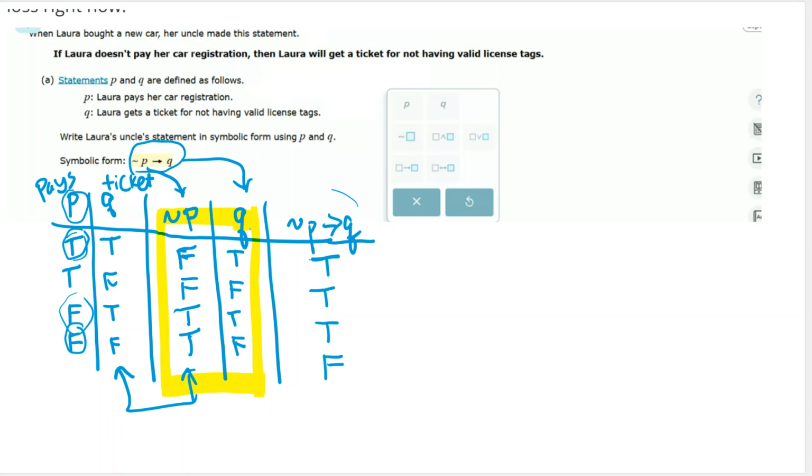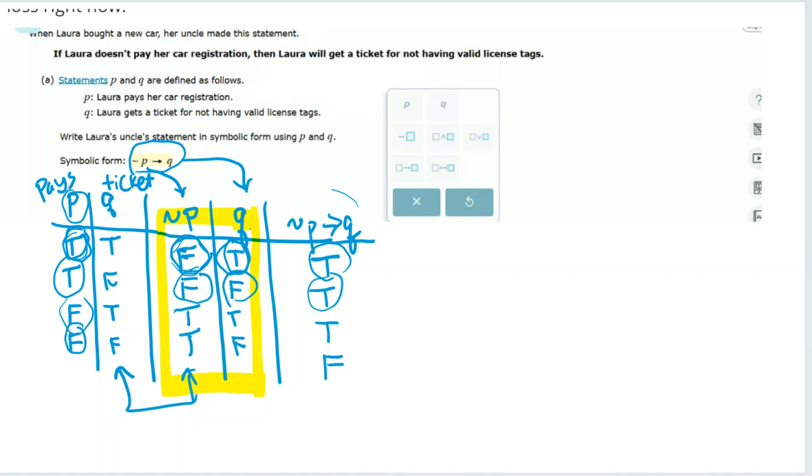So how to interpret this? If she didn't not pay her ticket, so if she paid her registration and got a ticket, that means that this statement would be true. If she paid her registration and didn't get a ticket, then this is true.